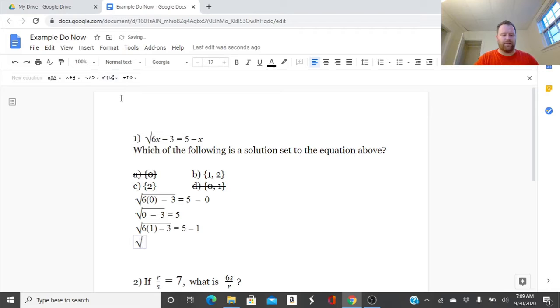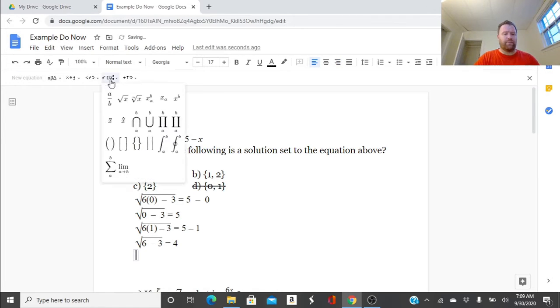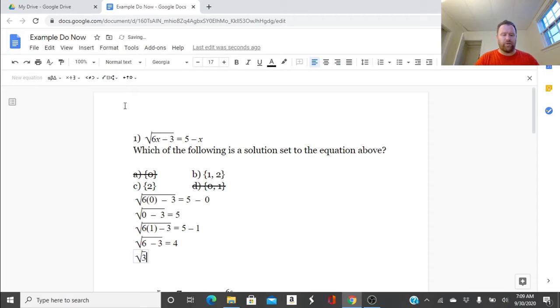6 times 1 is 6, so 6 minus 3, does that equal 5 minus 1, which is 4? Keep going. 6 minus 3 is the square root of 3. And I'm going to stop right there because the square root of 3 is an irrational number, meaning it's non-terminating and non-repeating, and the decimal goes on forever.